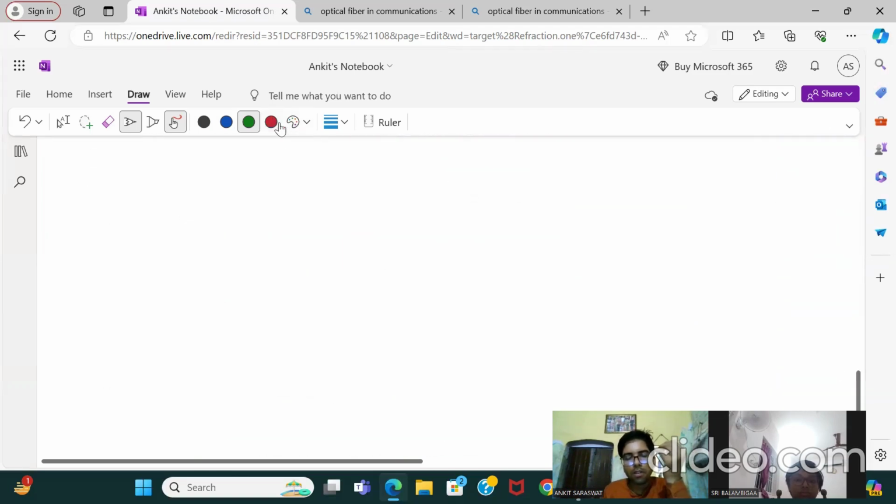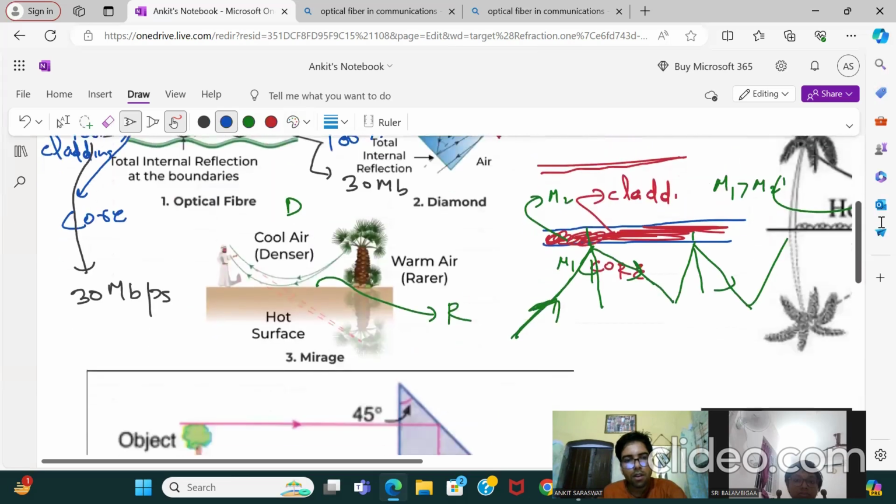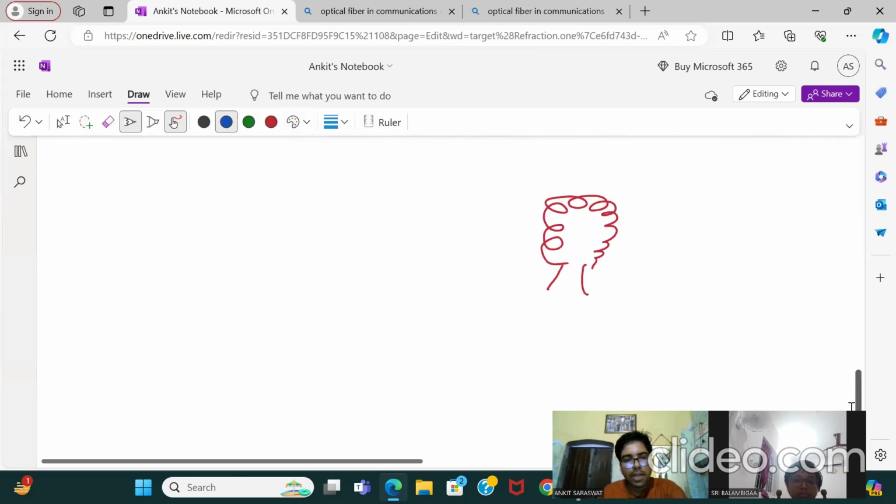So in hot conditions you see different layers. For example, this is the tree. Clear? Now, for example, this is a person who is standing here, moving in a desert area.